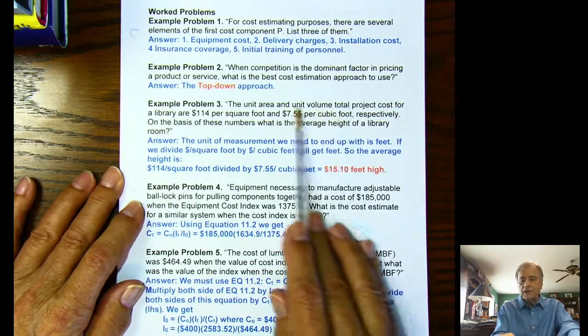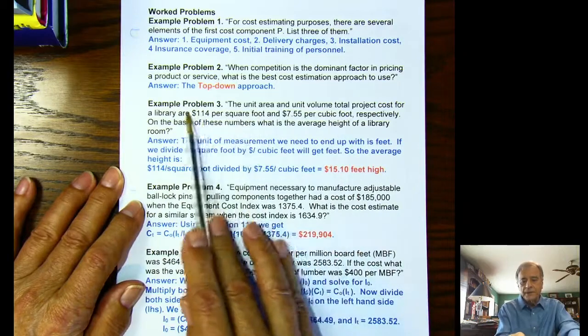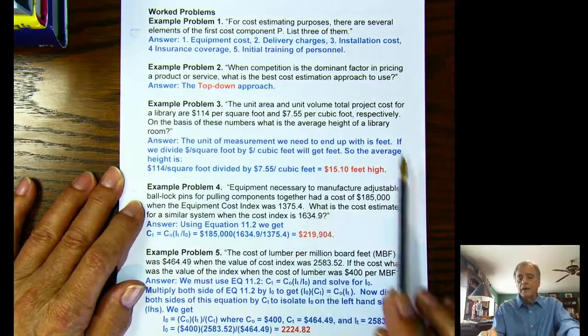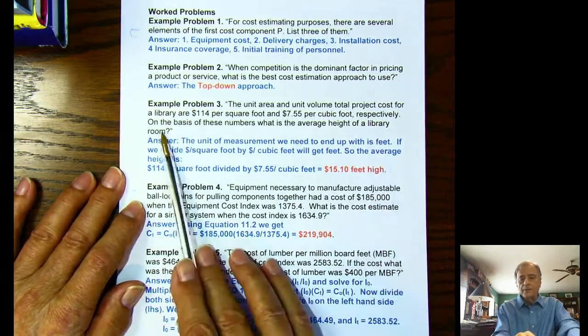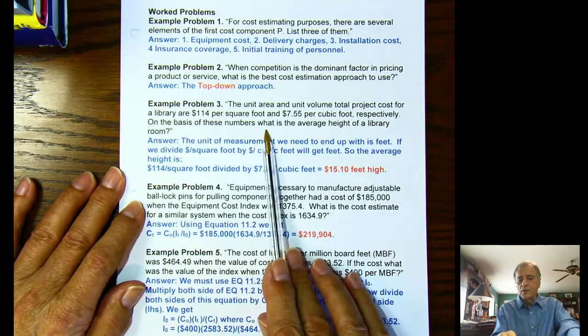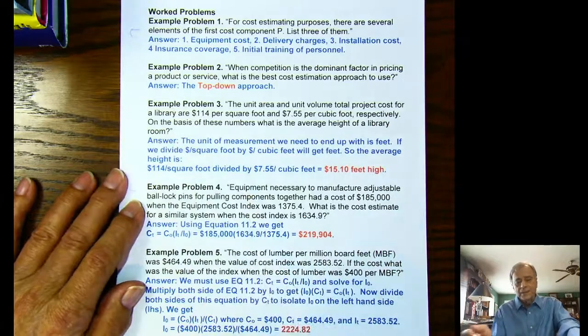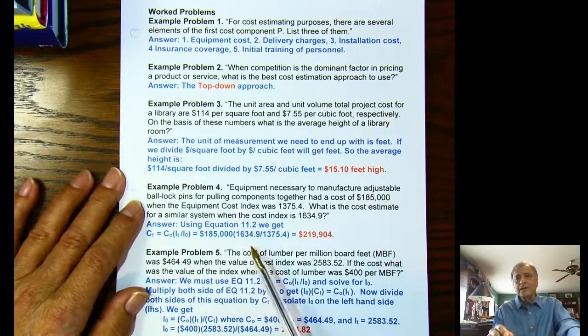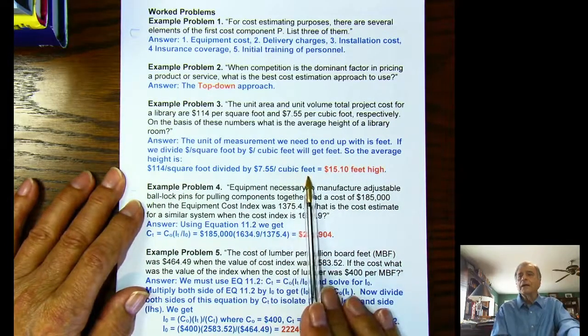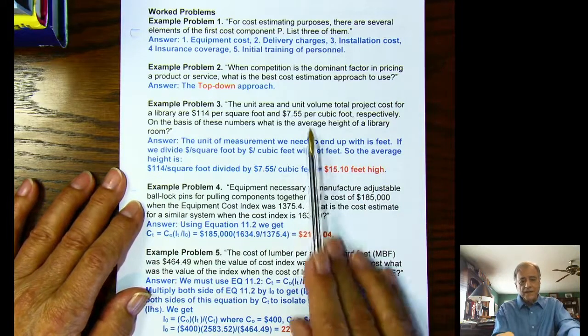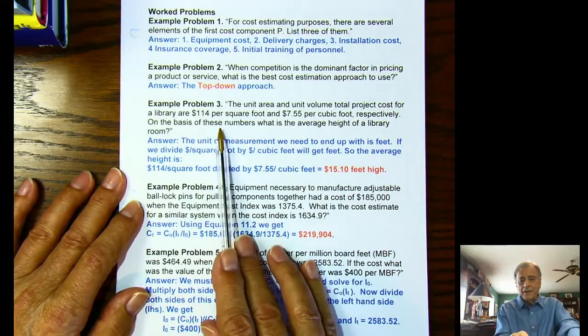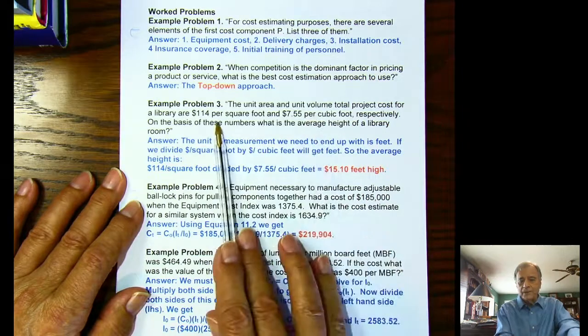So this is a volume factor. This is an area factor. On the basis of these numbers, what is the average height of the library room? So he goes in and says, well, to get height, you need feet. And to get feet out of these two things, you divide the cubic feet by the square feet.